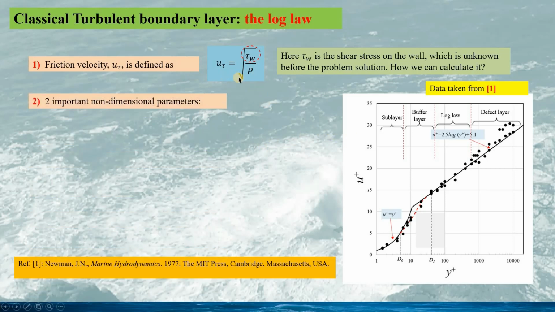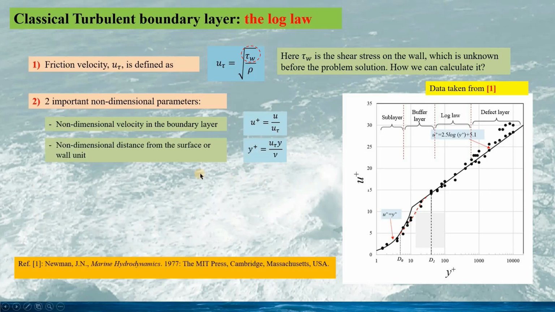And based on the friction velocity, we can define 2 important non-dimensional parameters. The first one is the non-dimensional velocity in the boundary layer, defined as u plus, equaling u divided by u tau, the friction velocity.